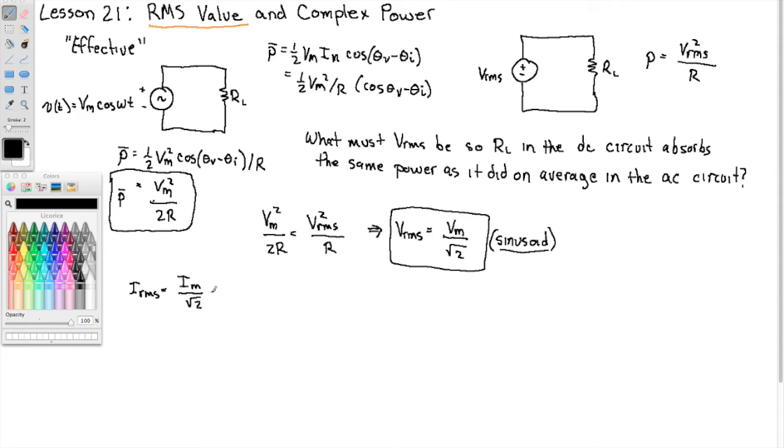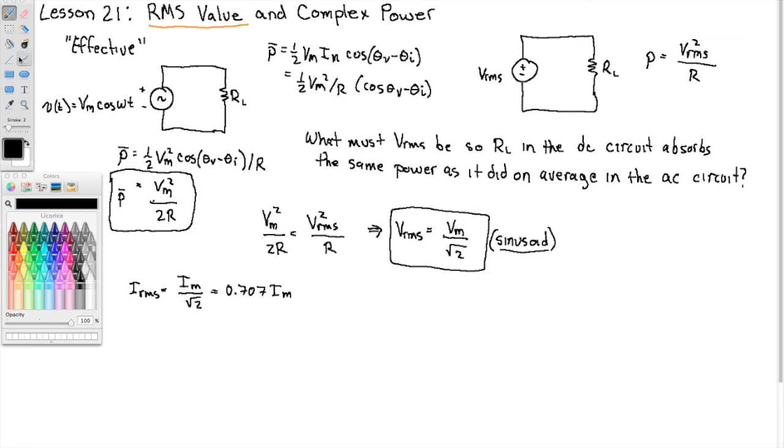And when you divide by the square root of 2, that's the same thing as multiplying by approximately 0.70. And remember, the interpretation here is that this AC circuit, on average, is supplying the same power as this DC circuit is. So the power calculations end up being kind of equivalent in that sense.